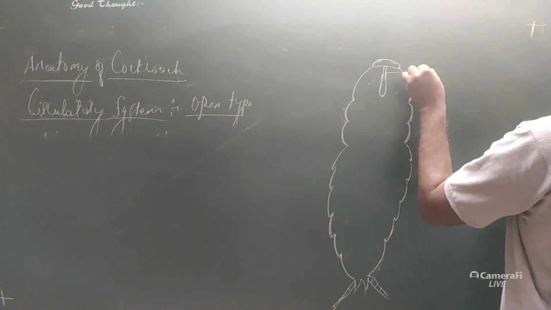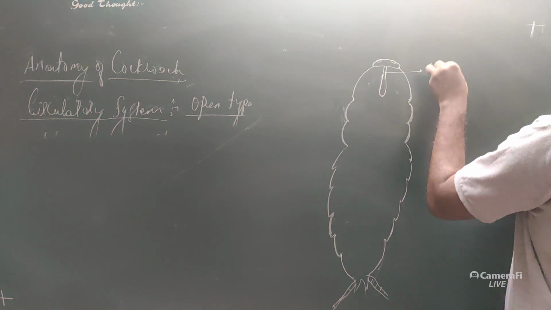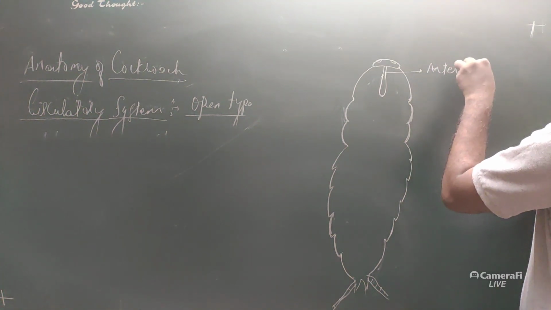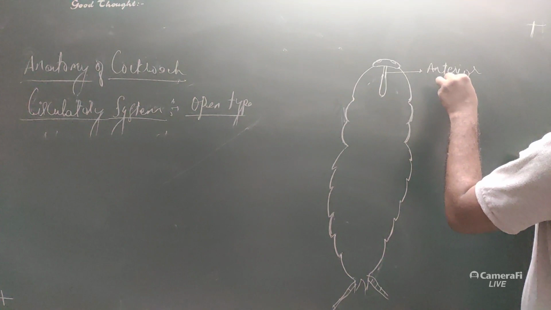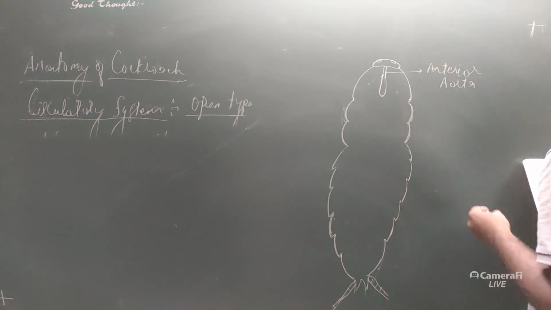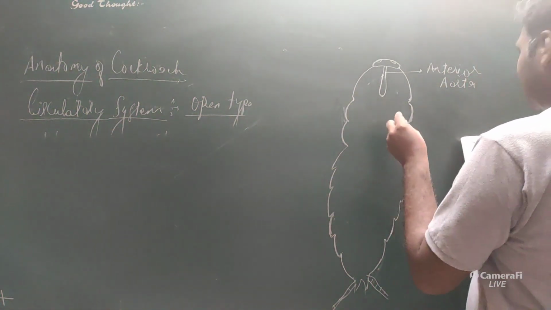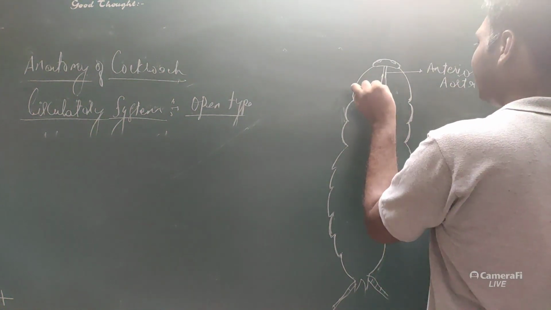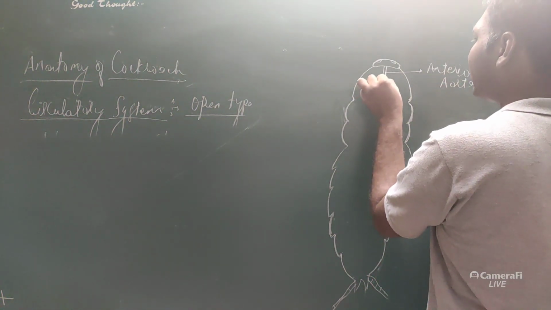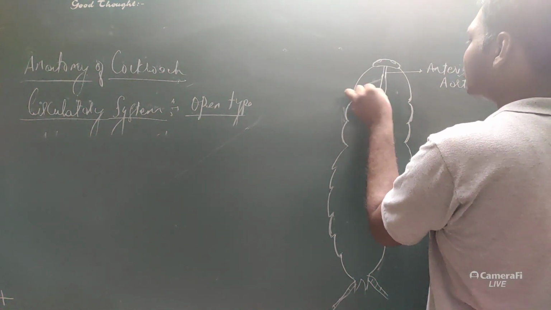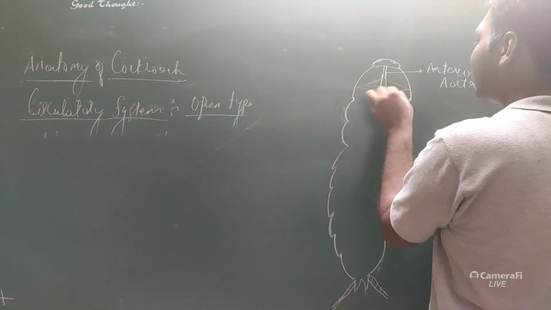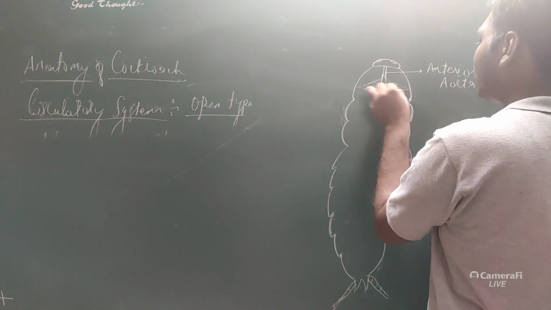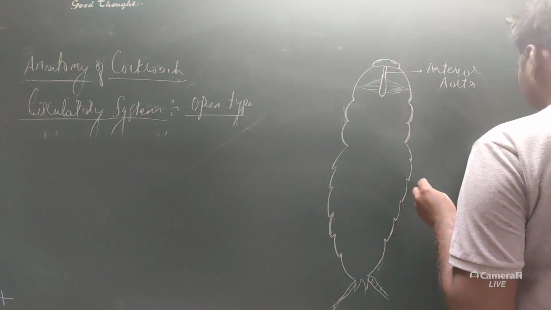So this is the anterior aorta. Okay, and this anterior aorta is attached to the body of cockroach with the help of alary muscles.